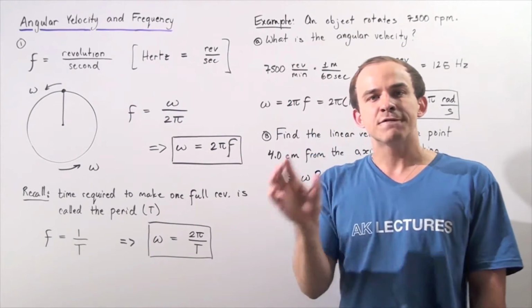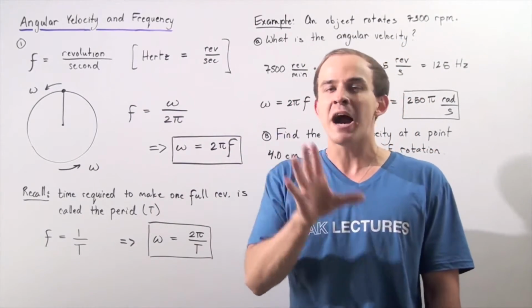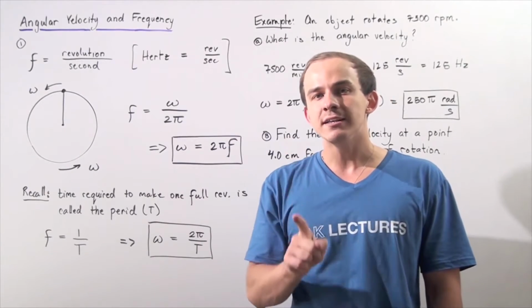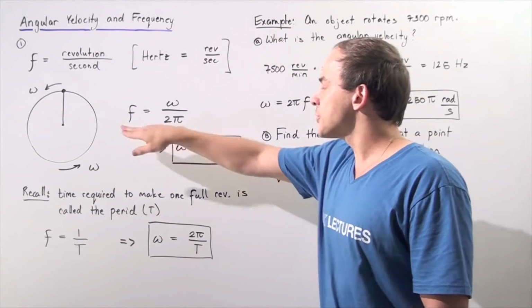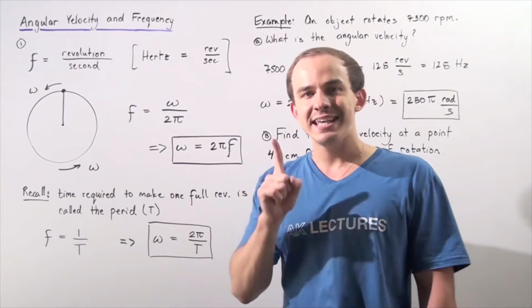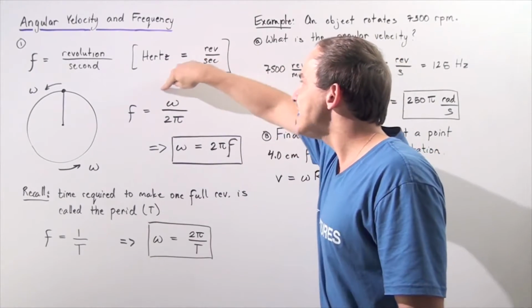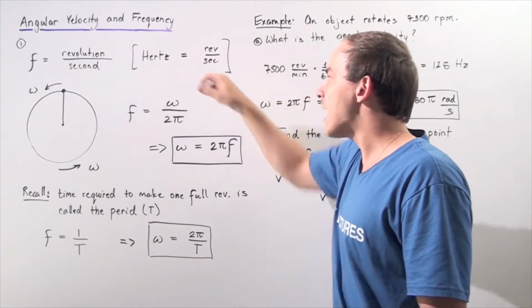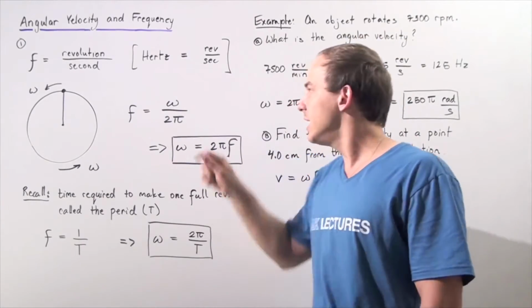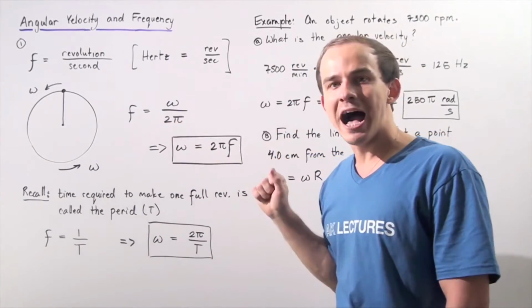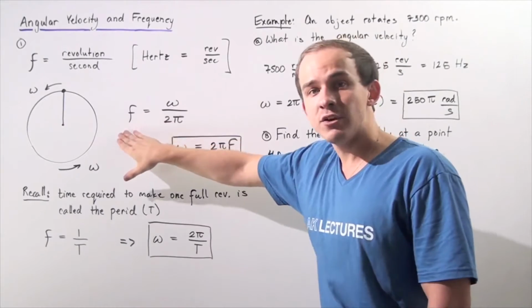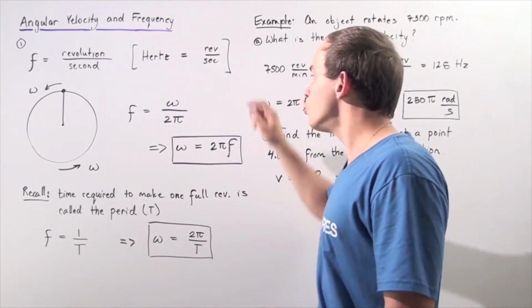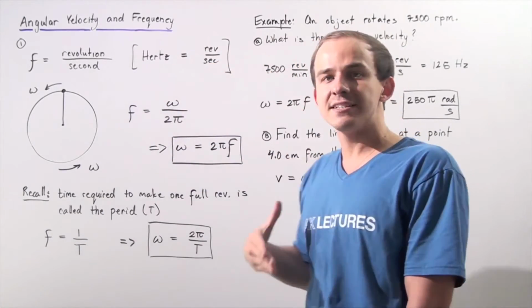So we can represent frequency in terms of pi and our angular velocity. It turns out that frequency is equal to our angular velocity, given by our Greek symbol omega, divided by 2 pi.